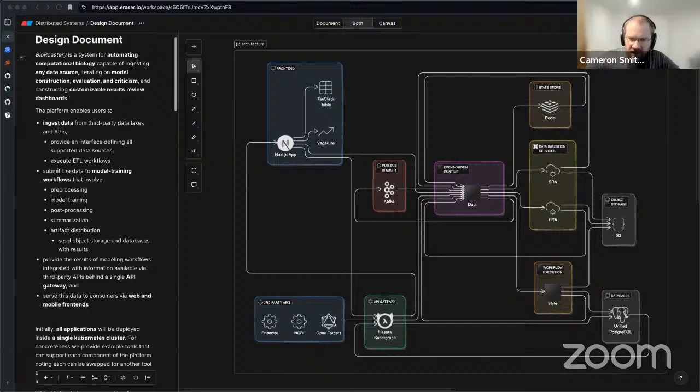Yeah, so for anyone, I don't know exactly how familiar people would be with Dapper and why one might use it, but I think we just briefly mentioned last time, and it's pretty straightforward. It's the category of tools that one might be using, such as a state store, may not always be Redis, and the pub sub broker may not always be Kafka, and so on and so forth.